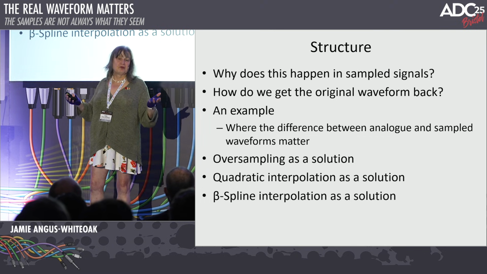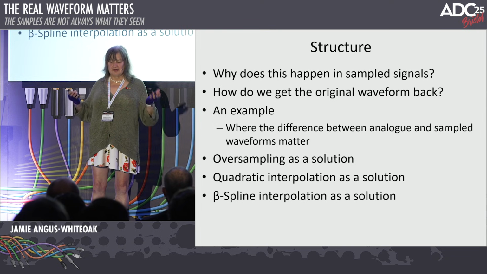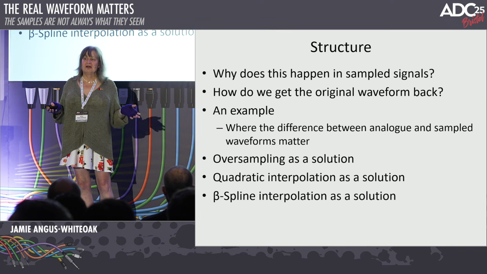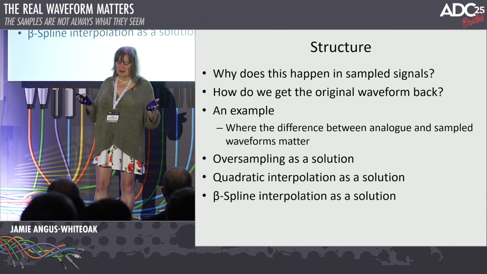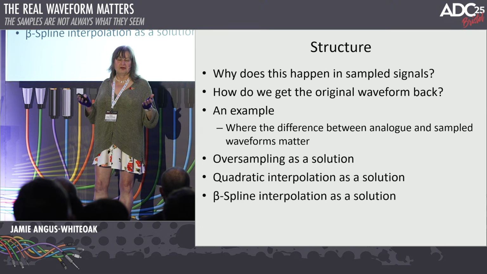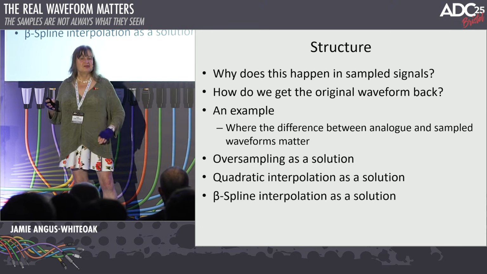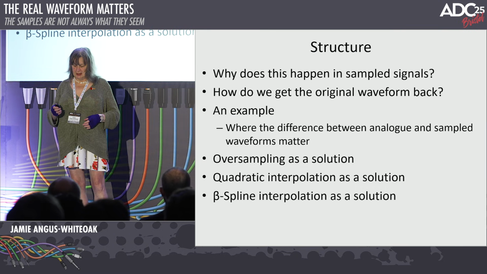Then something called quadratic interpolation as a solution, which is quick and dirty, but actually can be quite helpful. And finally, a bit more sophisticated, something called B-spline interpolation as a solution. The third one actually has a very interesting, might be quite useful for sample rate changing, but we'll cover that when I get to it.